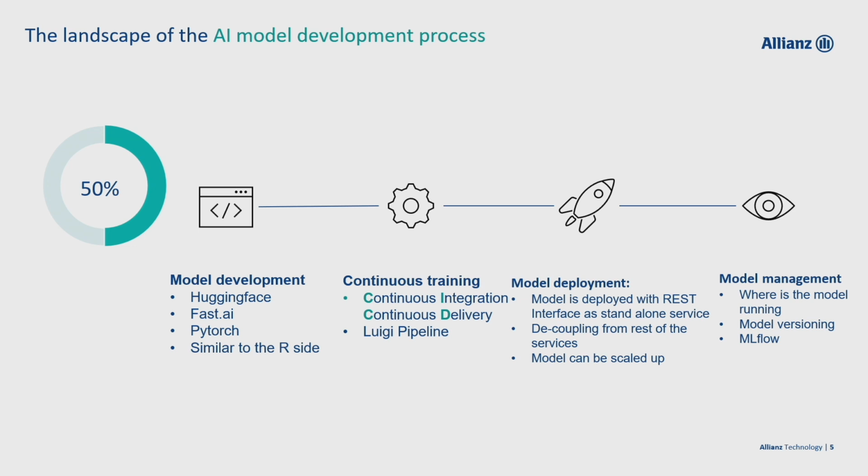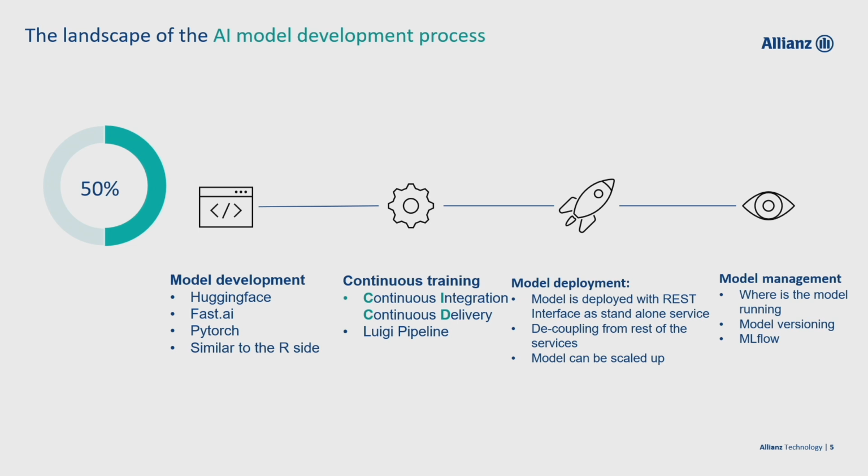For this, we have incorporated a CI/CD pipeline into our team. CI/CD is continuous integration and continuous delivery. This helps us prevent lots of manual intervention and deliver code changes faster and more reliably. We also use Luigi pipeline, a workflow management tool, to help us with this CI/CD principle.